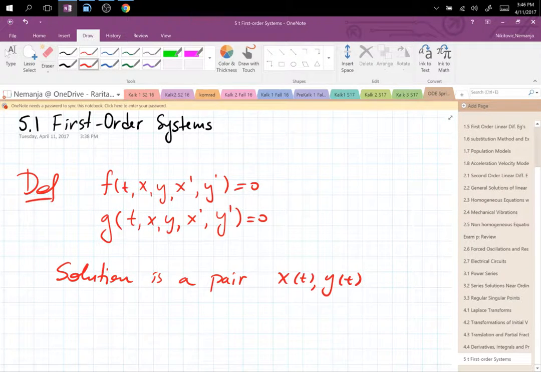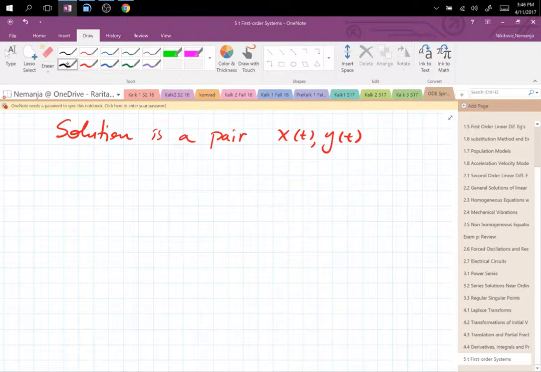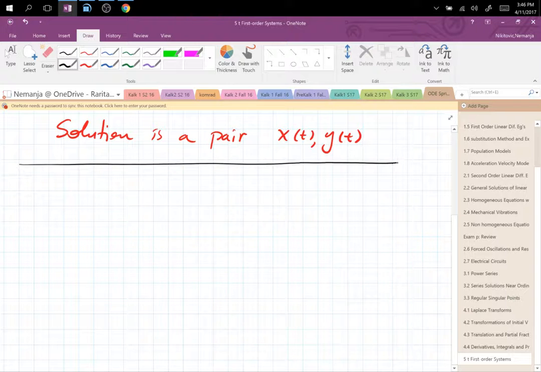Since I know how much you love circuits, we're going to start there. So in this case, you're going to have 2 loops, right? 3 branches, 2 loops. And if you have that, you can write 2 loop equations. So let's draw a circuit.